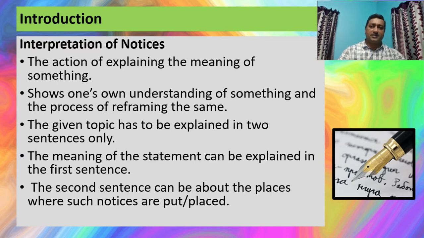That's enough, because the weightage of marks in the exam is also the same: 2 marks for interpretation of notices, as you see in your syllabus guidelines. What do you have to do here? You should make it clear what it says, so the meaning of the statement can be explained in the first sentence. Then the second thing is, where do you find a particular topic that you have to explain.